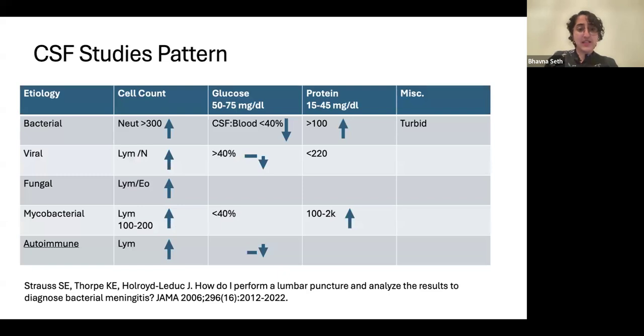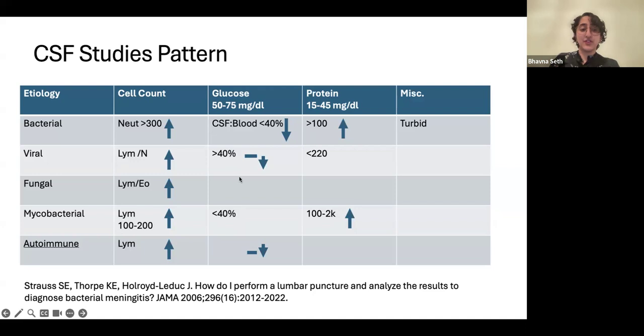And this is a common framework, which I'm sure many of you have seen. What I will highlight is that for the first row of bacterial entities, the glucose ratio in the CSF versus blood, if that's less than about 40%, has a very high likelihood ratio that it is a bacterial entity.